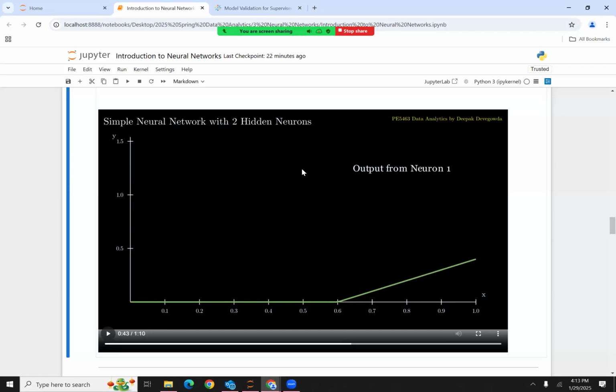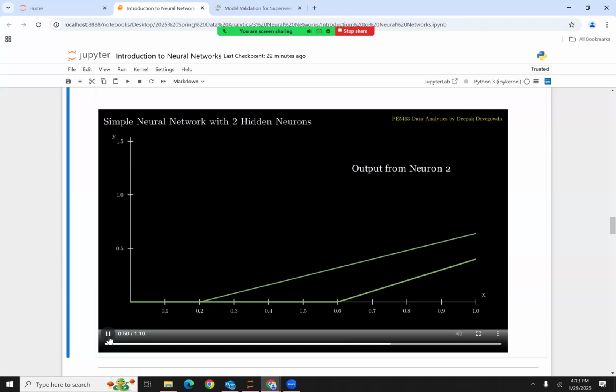If you tap into the output from neuron 1, we get this specific curve. The slope depends on the weights going into neuron 1, and where this kicks off depends on the biases in combination with the slope. We can also examine what's the output from neuron 2.